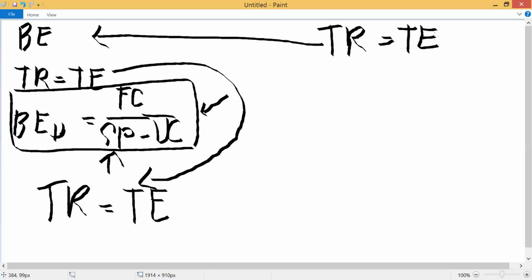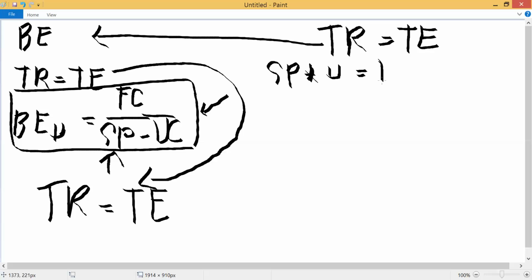Okay. So what is the composition of total revenue? The selling price times the number of units, or U, small u. What are the types of expenses?